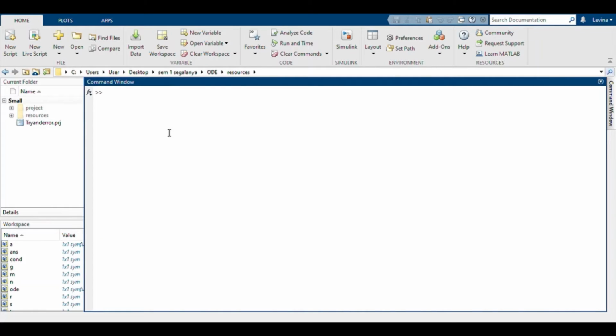To solve question C1, we can use MATLAB to run the simulation to get the answer. So firstly, we must declare the variable. And then we must declare the equation.